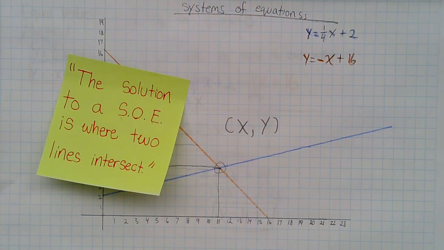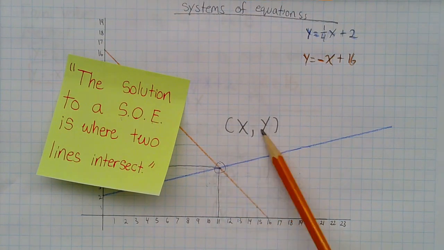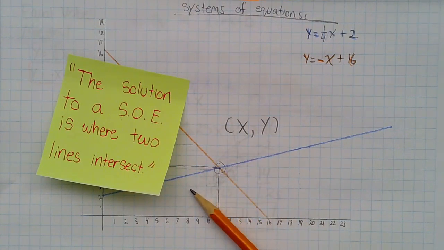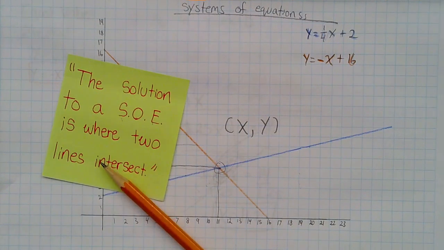You could have a lot of students do this stuff really well, but they don't even make that connection. They don't realize what they're doing. If you tell them solve a system of equations, they'll do it. They'll get the right answers. But if you ask them, well, what does that mean? This is what it means. The solution to a system of equations is where two lines intersect.